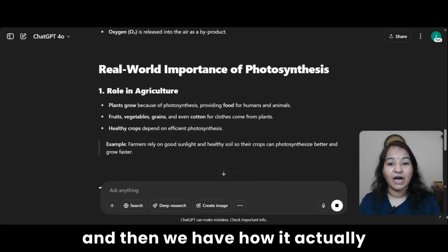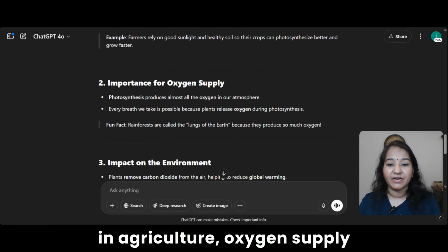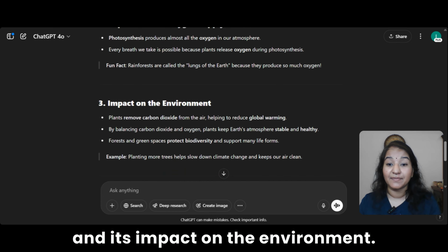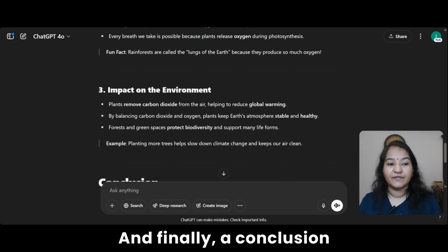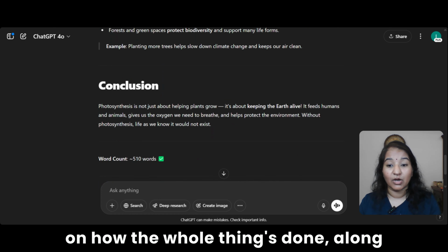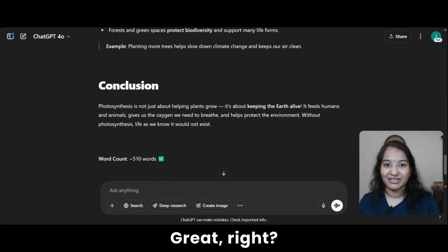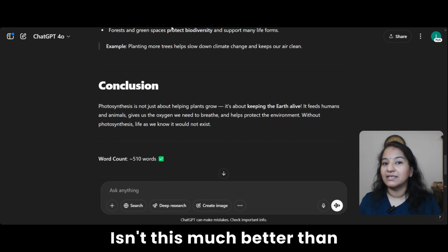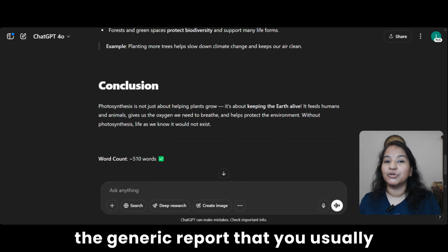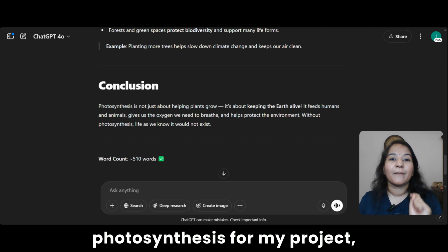And then we have how it makes an impact on agriculture, oxygen supply, and the environment. And finally, a conclusion, along with a 510 word count. Great, right? Isn't this much better than the generic report that you usually get when you just type 'explain photosynthesis for my project'?